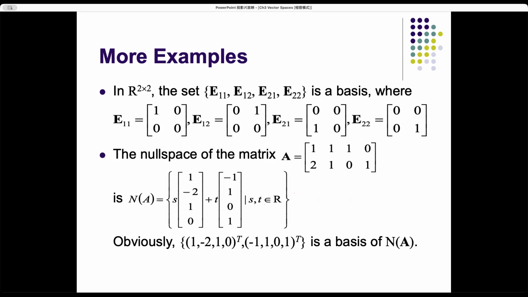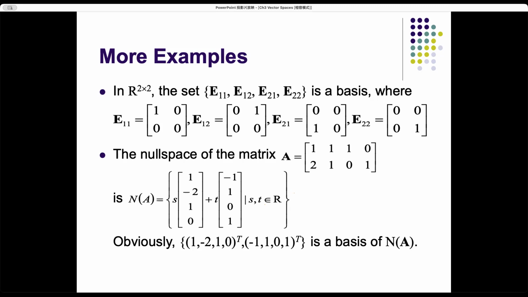Where E11 has one in the upper left corner and the other elements are zero. E12 has one in the upper right corner, all the other elements are zero, and so on. And the reason these four matrices form a basis for R2 by 2 is also trivial.